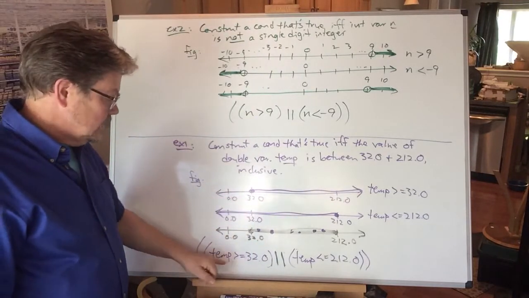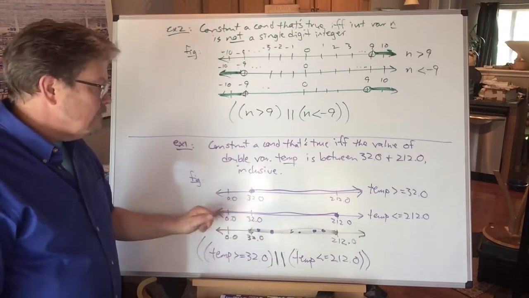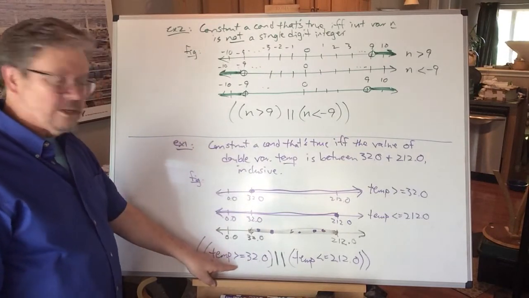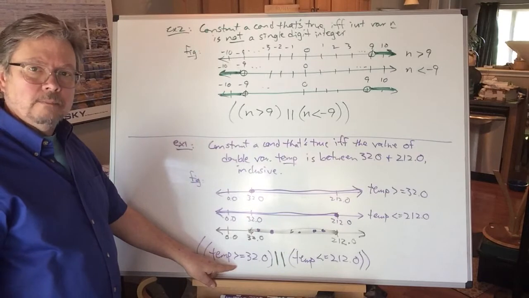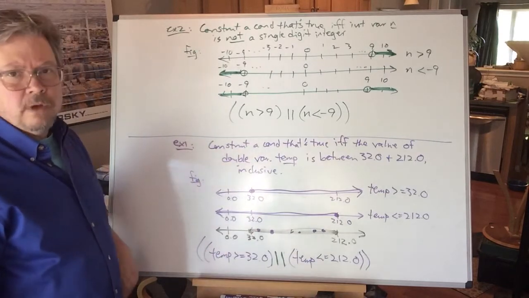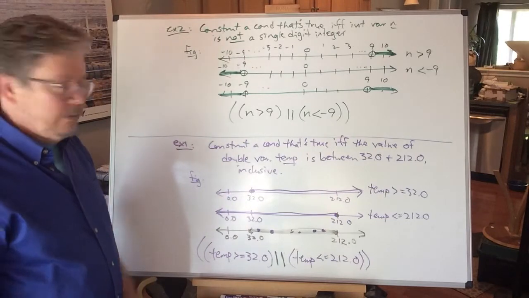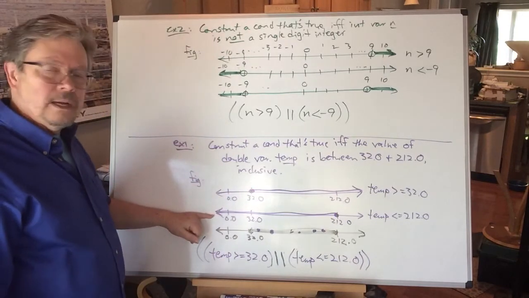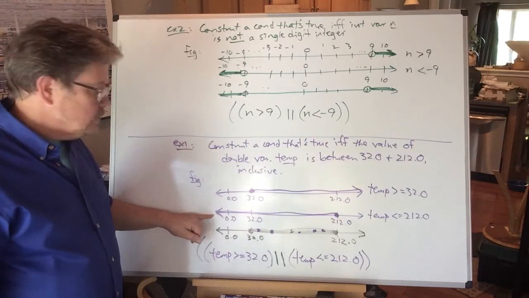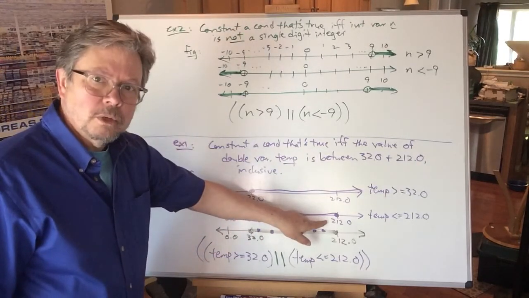That's what I'm testing. If I had 500, that's definitely greater than 32, quite a bit. Excuse me, I actually meant -500. -500 is going to be shaded on the second number line. How come? Because -500 is less than 212.